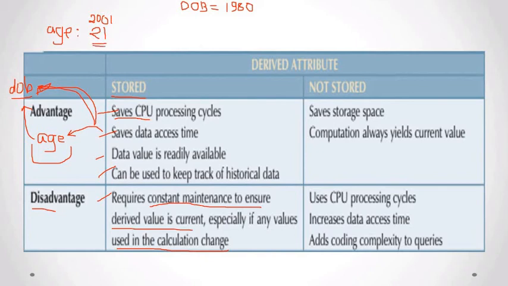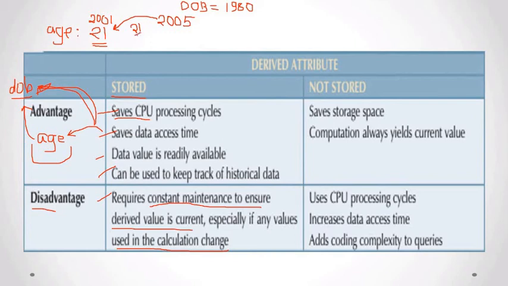So it's there in your database. So in year 2005, you access the age of that person. So what you will get is the value 21.